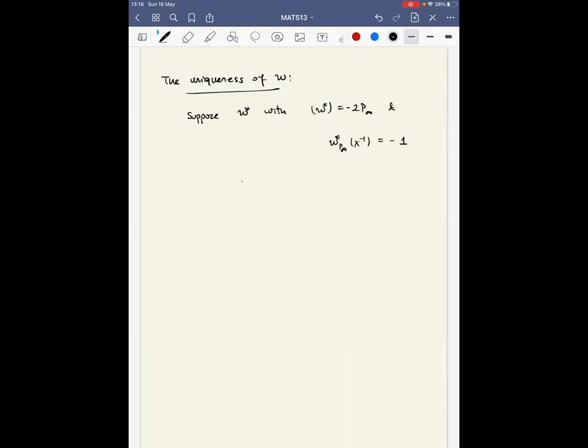Then that means omega minus omega star vanishes on the space of p infinity.